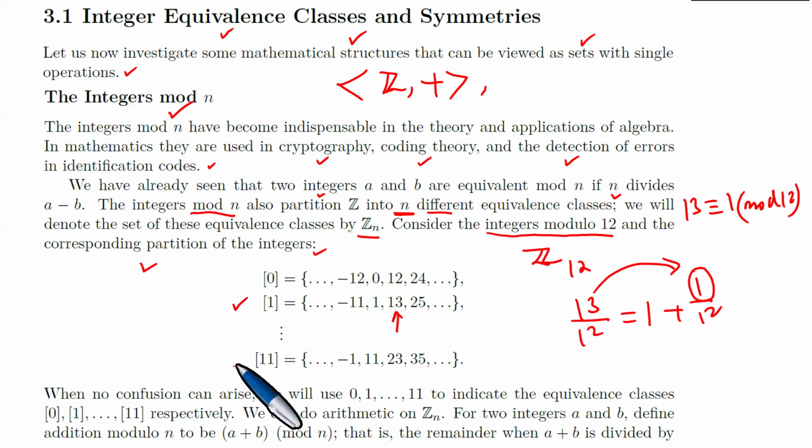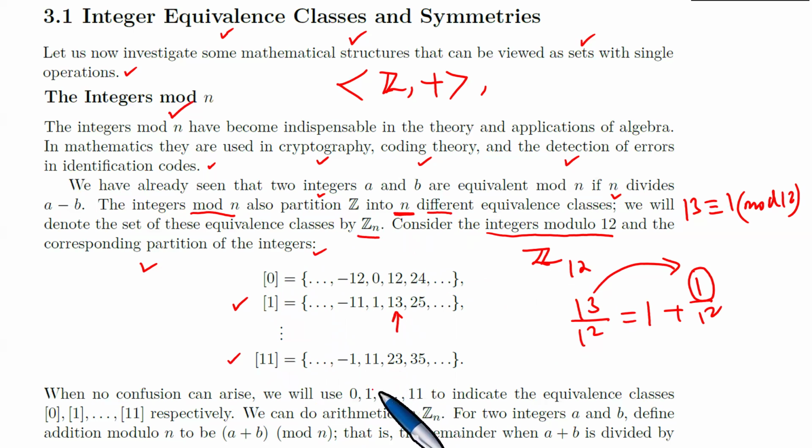And 11, the equivalence class that contains all integers that are equivalent to 11 modulo 12, is the 12th one, because we're in modulo 12, so there are 12 equivalence classes: 0, 1, 2, up to 11, so there are 12 of them. Now, let us look at the integers equivalent to 11 modulo 12.